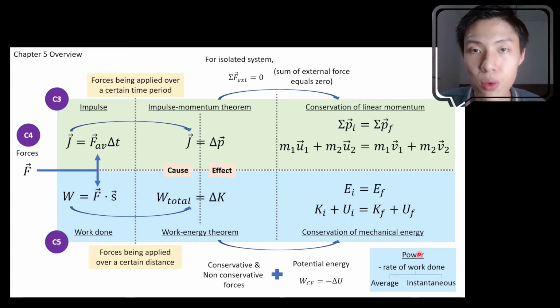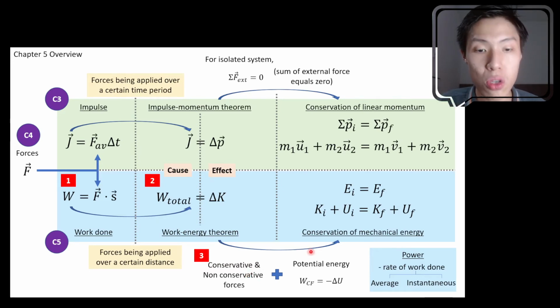And for the following videos, we'll be following this sequence. We will first learn how to calculate work done and what the meaning of work done is. Then we relate the idea of total work done to the change of kinetic energy using the work energy theorem. After we have done these two things, we'll learn about the idea of conservative and non-conservative force.